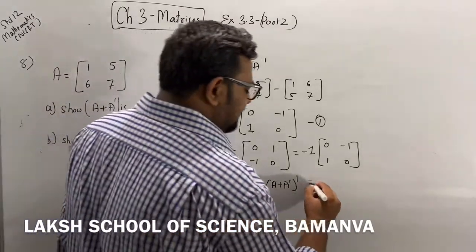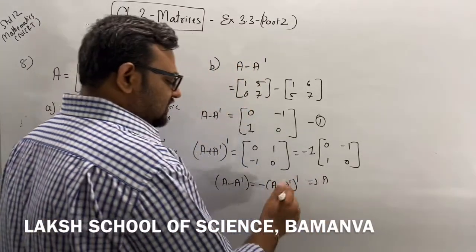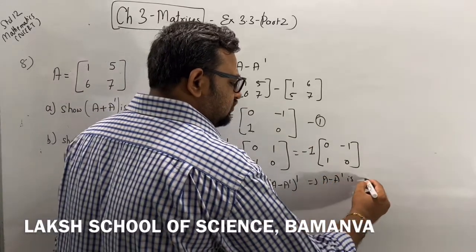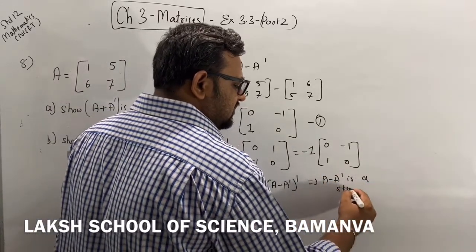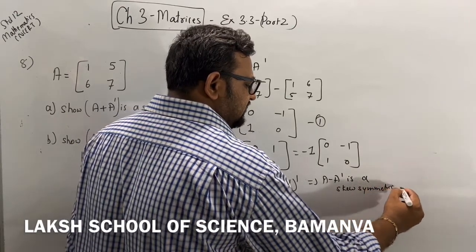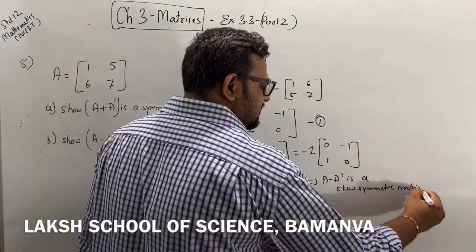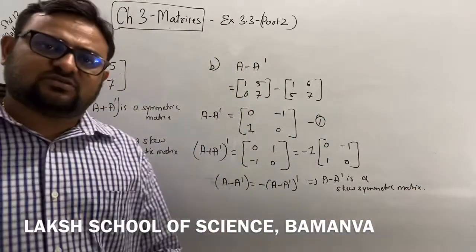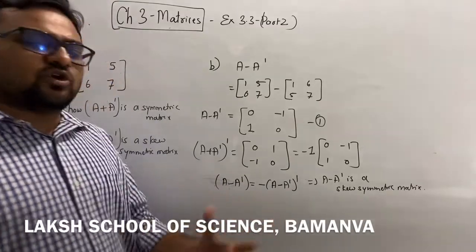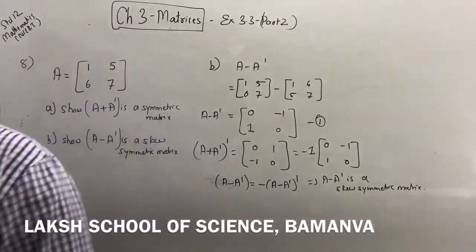So this implies A minus A transpose is a skew symmetric matrix. Okay? Here, just note down this sum.